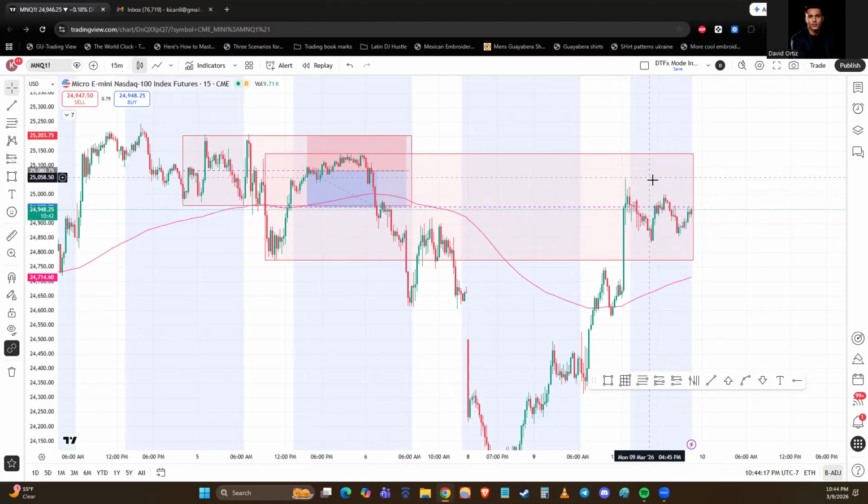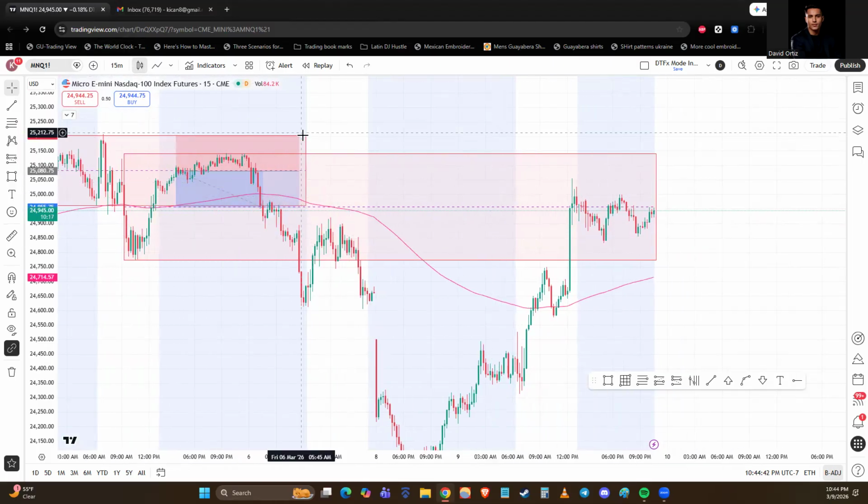The beautiful thing about the box is that you always have a stop loss and you always have a take profit. You should always have a stop loss, because if you don't, you're gonna lose. This strategy only works if you always have a stop loss.